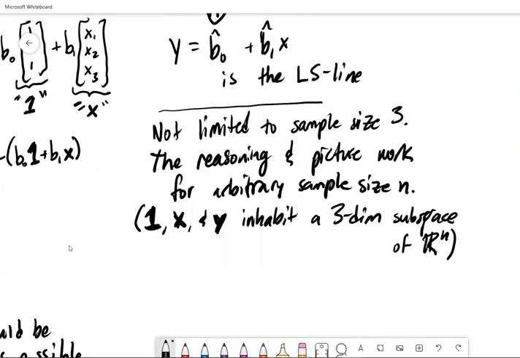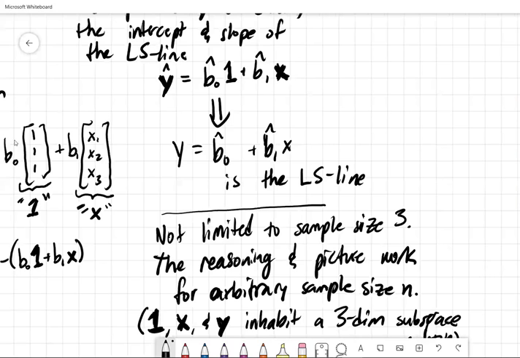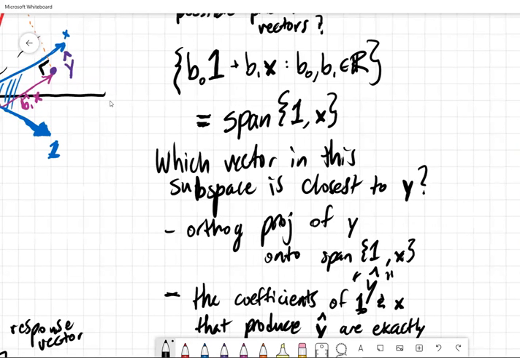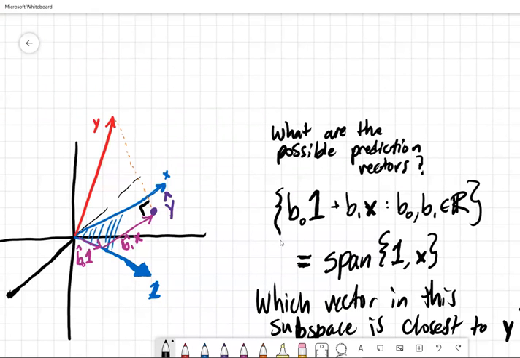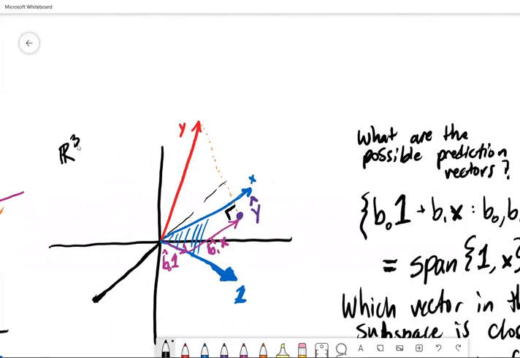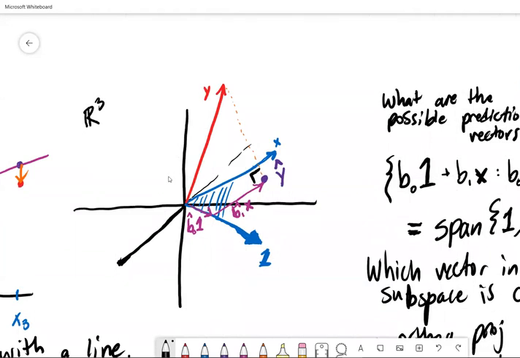So there's a 3-dimensional subspace of Rn that contains 1, x, and y, and that's what we draw. Instead of R3, I'm going to write Rn, and it's still going to be perfectly legitimate drawings.